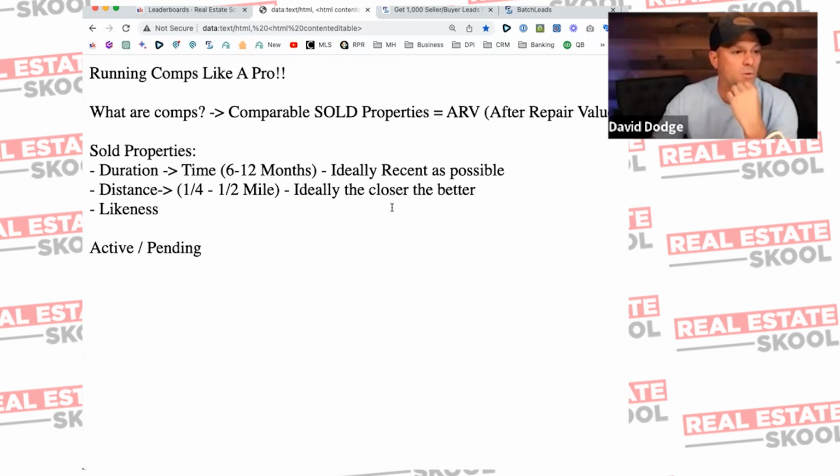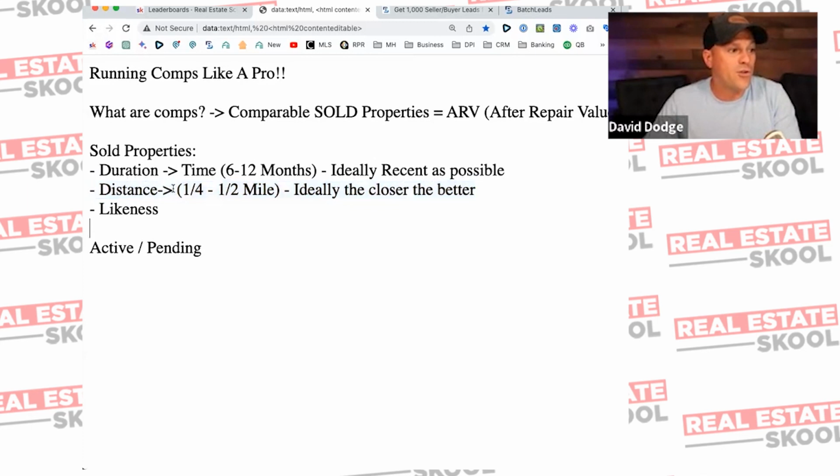And there are some things you want to keep in mind whenever you are talking about the distance, right? Number one is the closer the better is going to be ideal. But also sometimes you may have an area where a major highway or a major road comes through and goes through your circle, right? You may have different school districts, different zip codes, and these can affect the pricing.